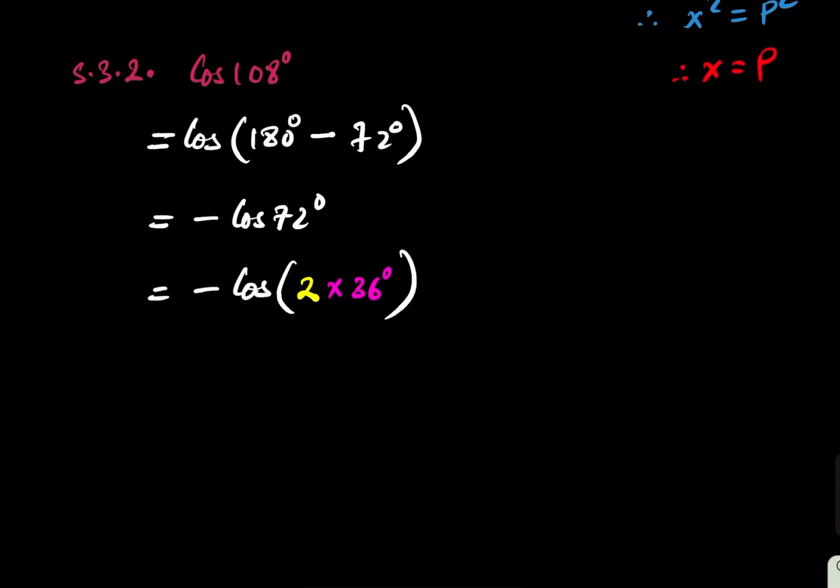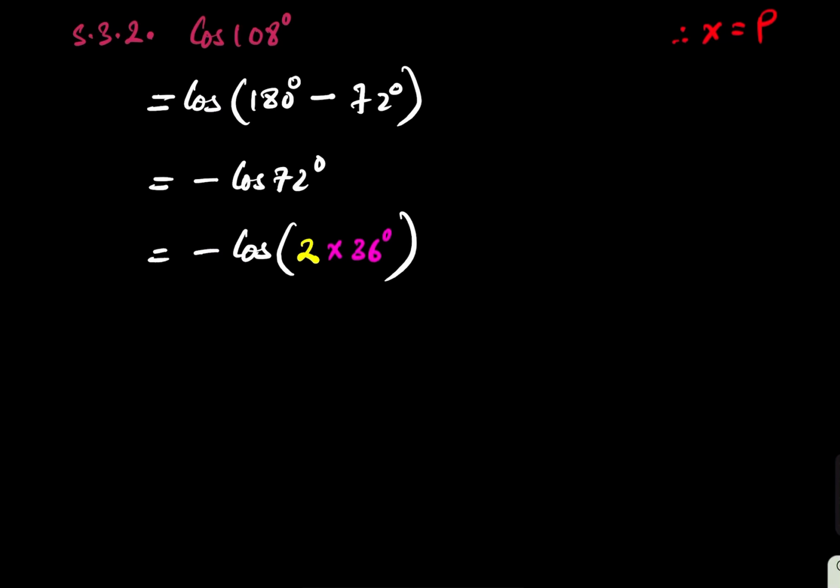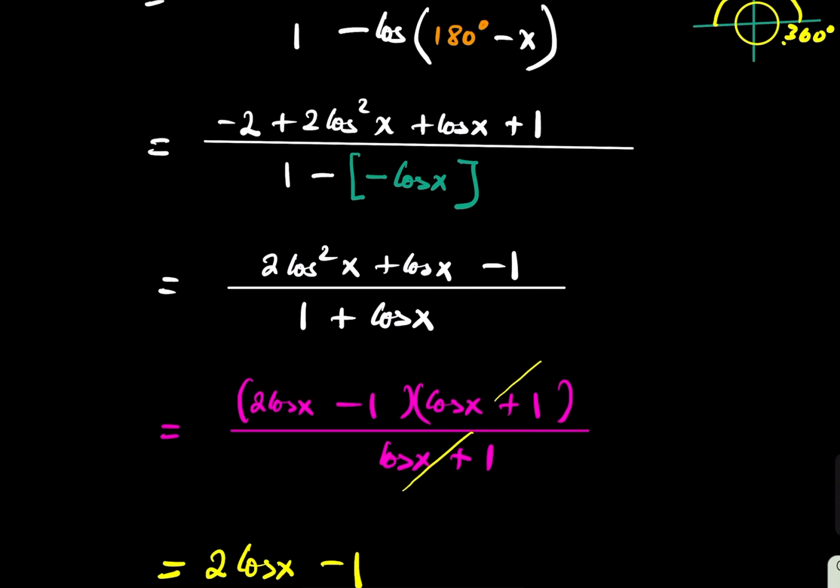So what's left now is to apply the double angle of cosine. There are three ways of expressing the double angle of cos, so I'm going to choose the one which is easier for me at this point.